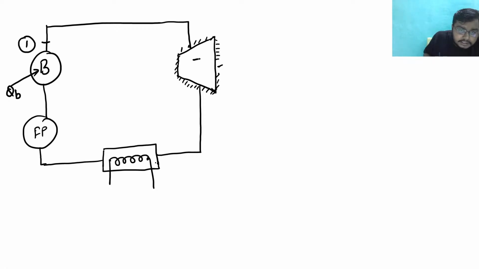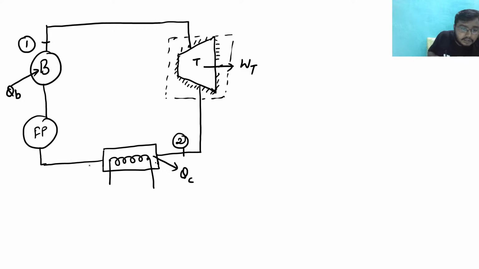Now see, this turbine is actually working. Wt is the work. Now from the condenser, heat is being rejected, that is QC, and this state is 2. This state is 1, this state is 3, and this state is 4. So this is what we know.